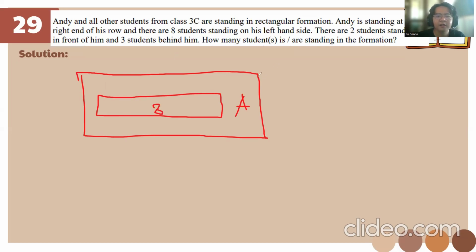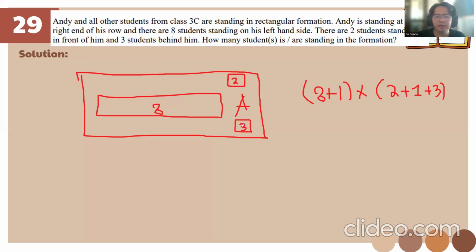And there are 2 in front of him and 3 behind him. Okay? So our solution is going to be like this. 8 plus 1, times 2 plus 1 plus 3, which is 6.